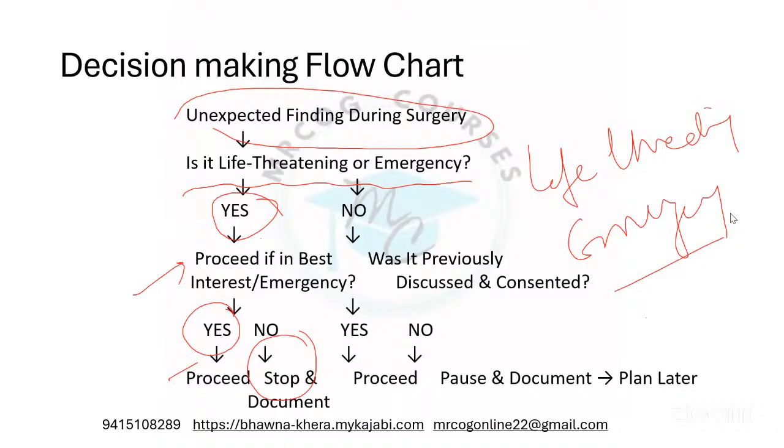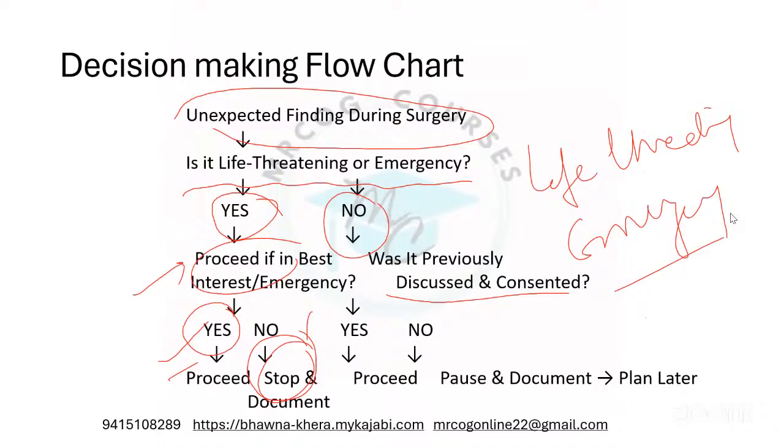So if it is in the best interest of the patient, we can proceed. If it is not, we can stop and document. If it is not an emergency, then we have to look at another thing. Was it previously discussed? Like a patient who is undergoing a diagnostic laparoscopy, if it was already mentioned that if any problem is there in the tube, it may be required to be removed.